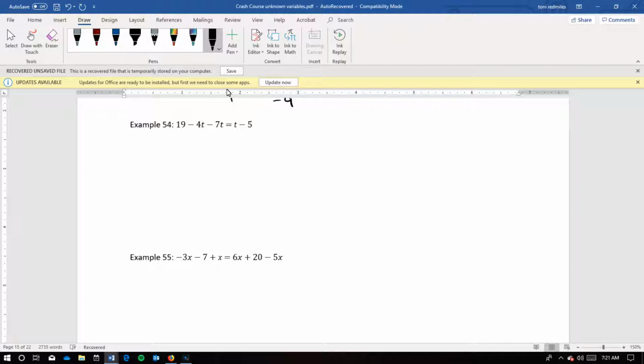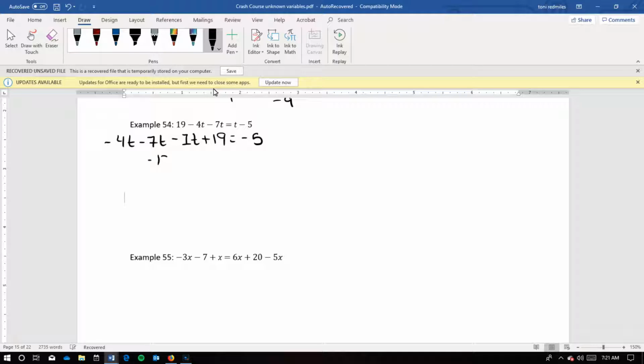All right, let's do it again. Let's put all our t's together. Going to bring that 1t from this side to the other. It's going to make it a negative 1t. Negative 4 minus 7 is negative 11.